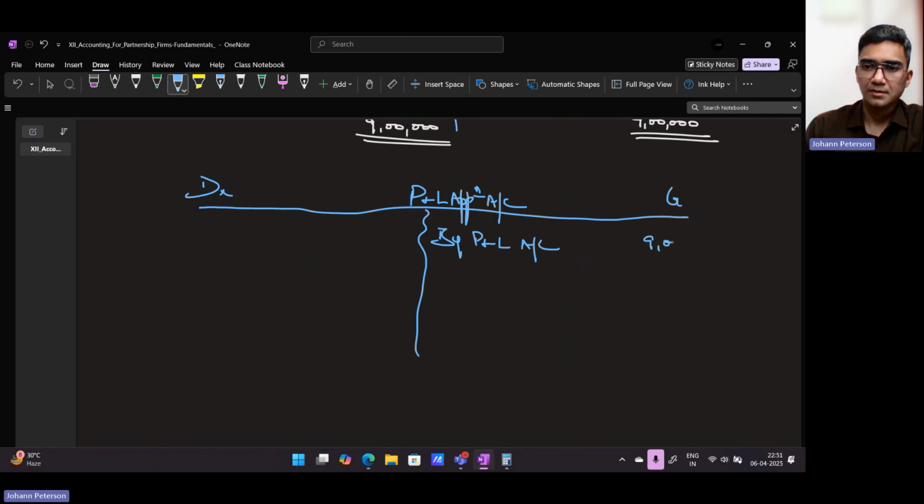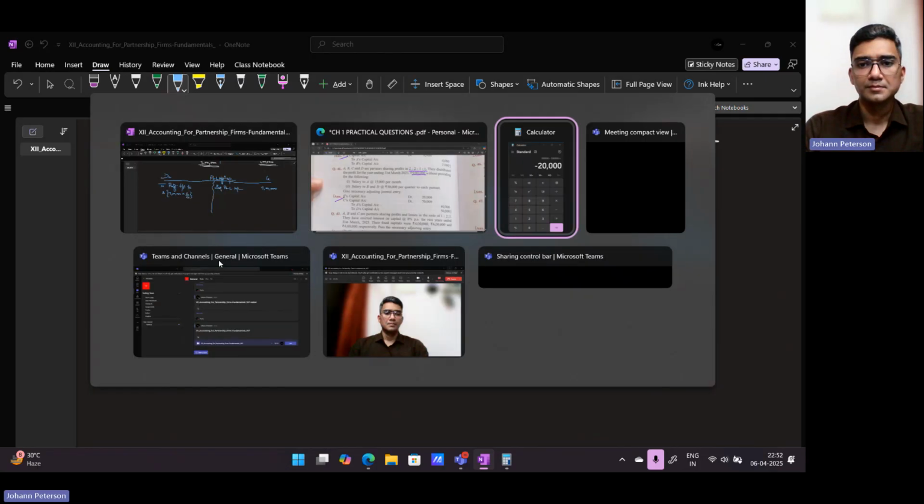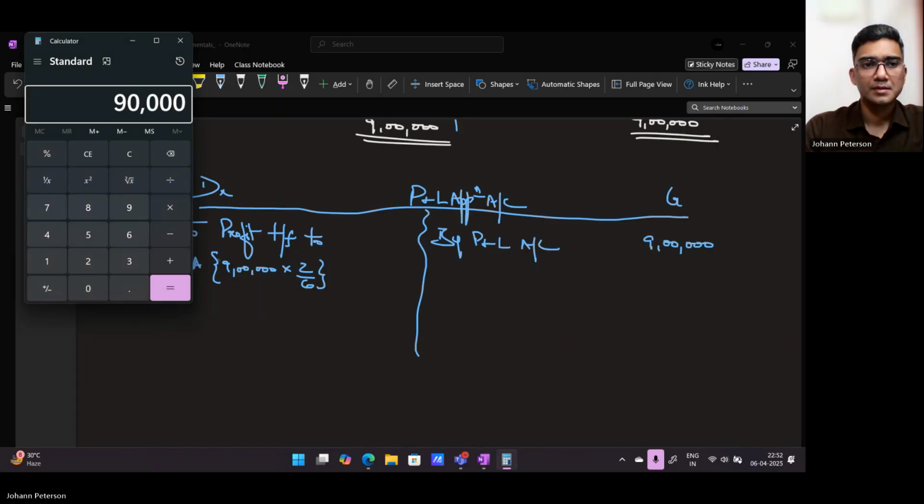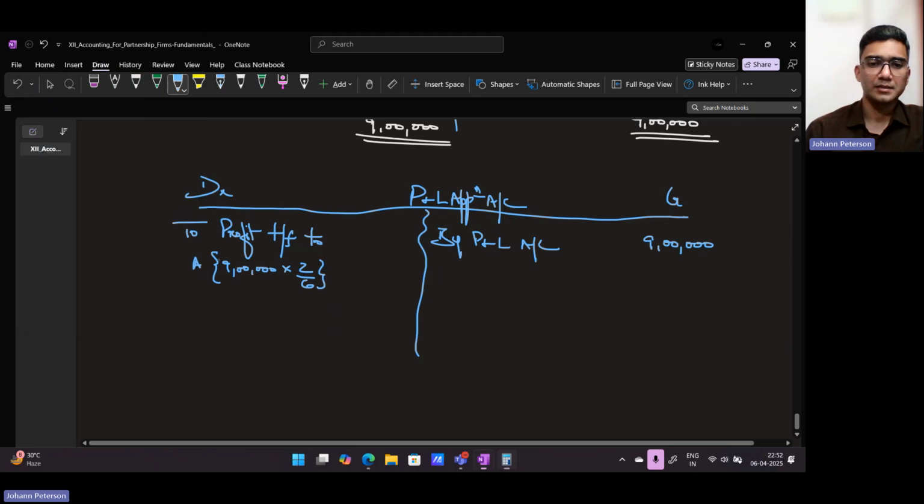Amount was 9 lakh. I did not give some salary, so I directly divided this. So I was writing profit transferred to A, and how much I was transferring to A? It was 9 lakh into 2 upon 6, which was coming out as 3 lakh.